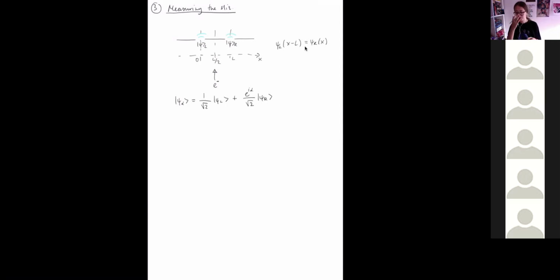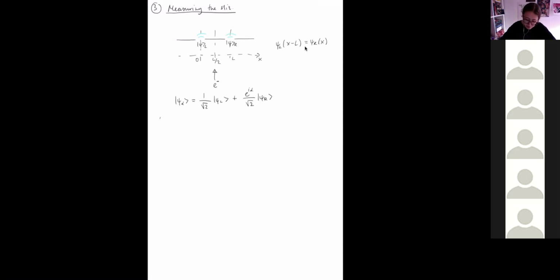So the idea is that these two wave functions, psi L and psi R, are identical, but shifted one with respect to the other by the distance L.